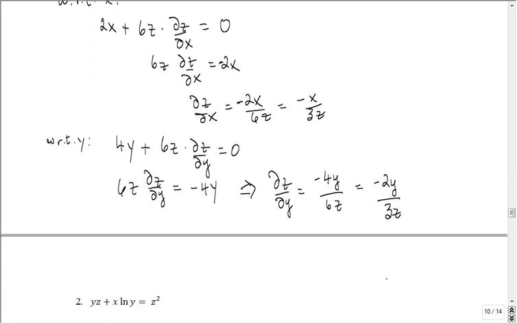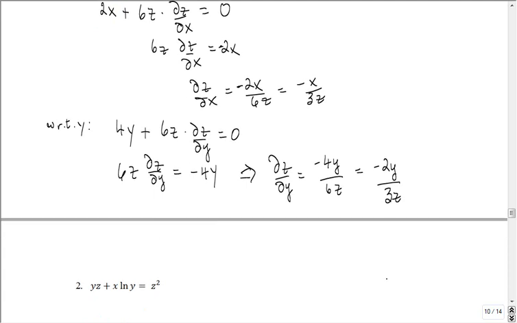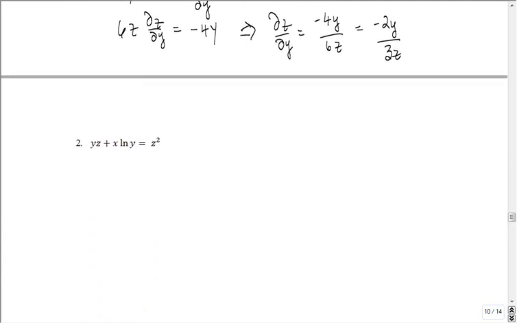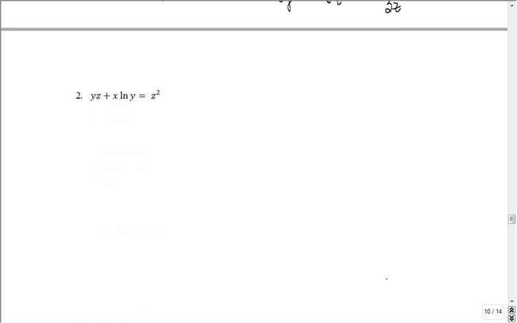Let's do some more. So we want to do the same thing. Let's go with respect to x first. Now I want you to notice something. The first term is y times z.